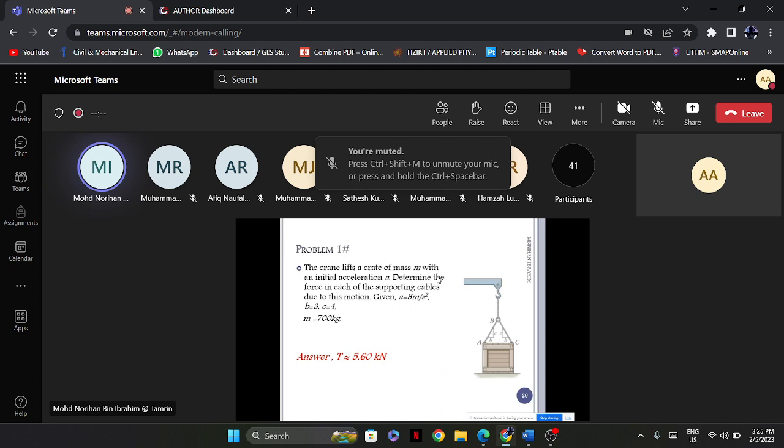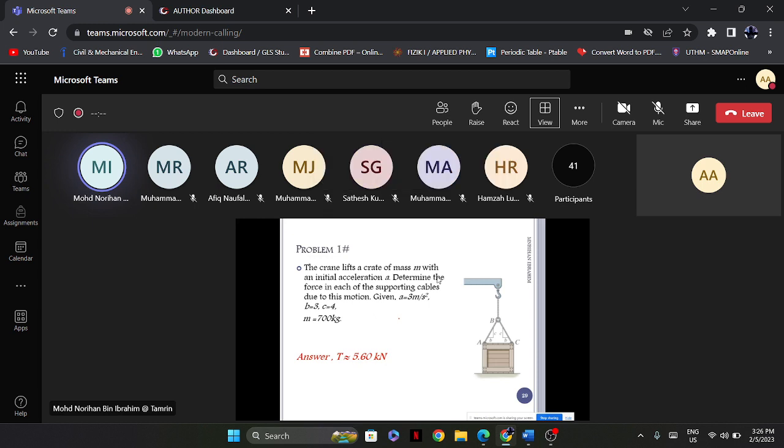When this crane lifts a crate, it has an acceleration of 3 meters per second squared, which means the force in each of the supporting cables is due to these motions. So you need to find out what is the force on each supporting cable. You can try to do it at home as well. If you have any problem, then you can ask me later on.